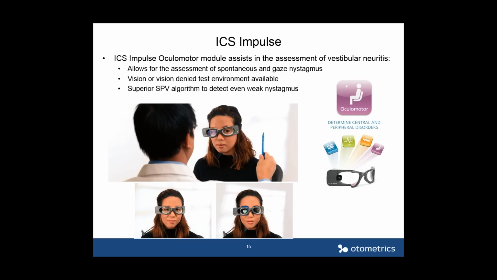Dr. Breen is the one who wrote the algorithm in the ICS Impulse, and it does a fantastic job looking at even weak nystagmus, not just nystagmus greater than, let's say, 6 degrees per second, 10 degrees per second. So it does a very good job identifying nystagmus. And that is in the ocular motor module, which is an option on the Impulse USB goggle.